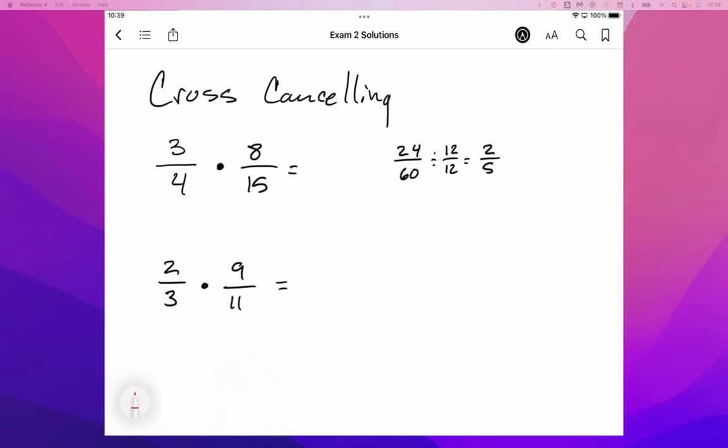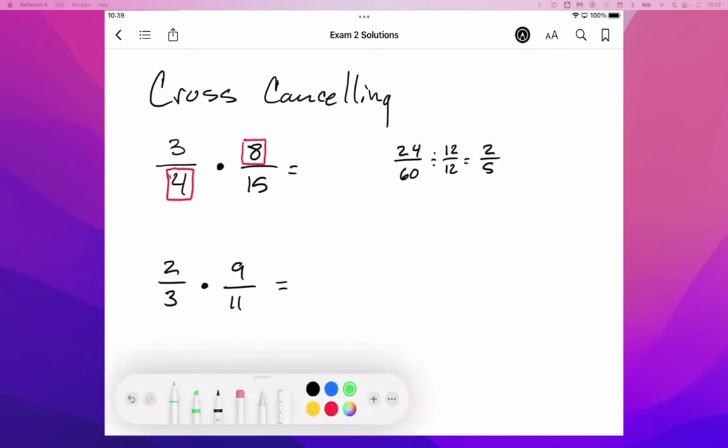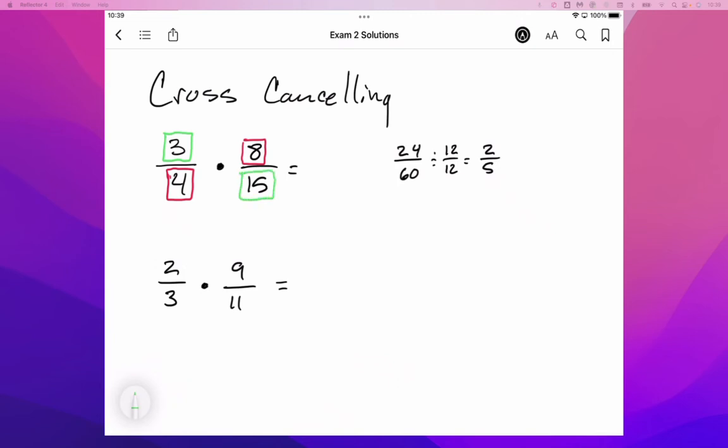And the way that happens is we look at numbers that are across from each other, so like the 4 and the 8. And we look at the 3 and the 15. And we say, gee, do they have any common factors? Because what we can do is say, okay, 3 and 15 do have common factors.